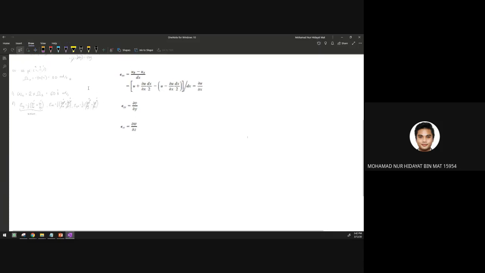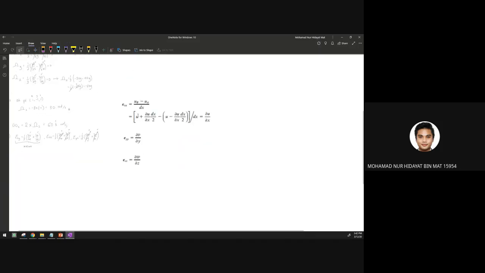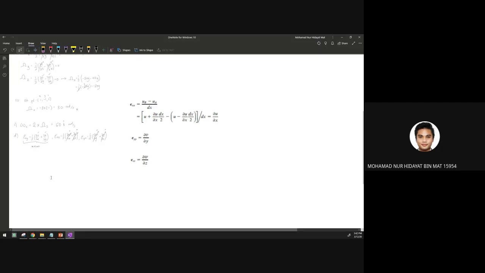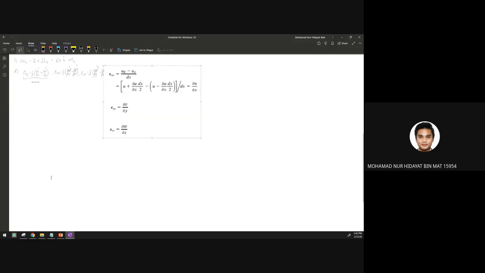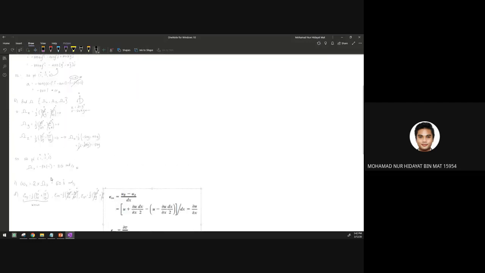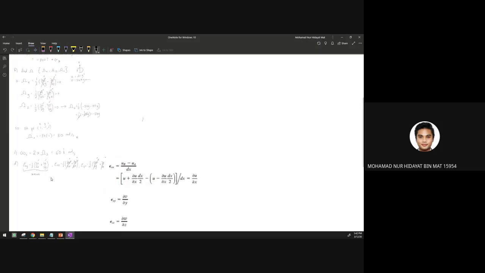So when we take a look at component U, what is our value of U here? Remember our U component is 20y squared.